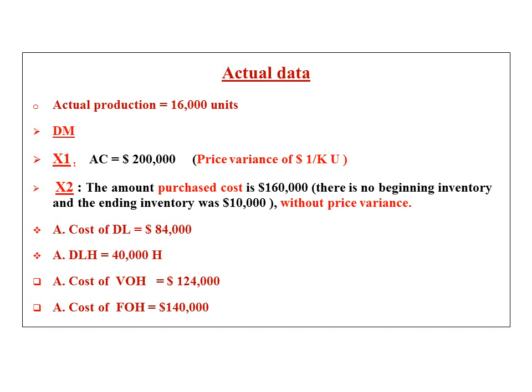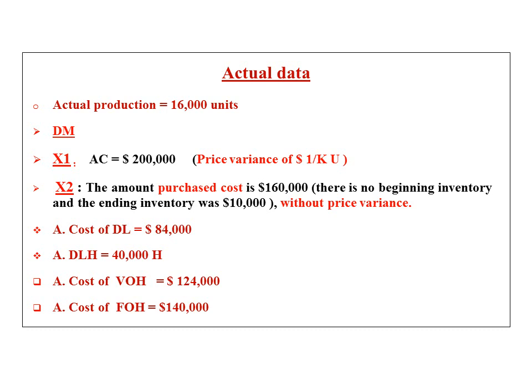Actually, it's another story. My actual production is 16,000 units. About direct material, I have two kinds of direct materials. The first one, X1: actual cost of X1 is 200,000, and the price variance of X1 is 1 per kilogram unfavorable.